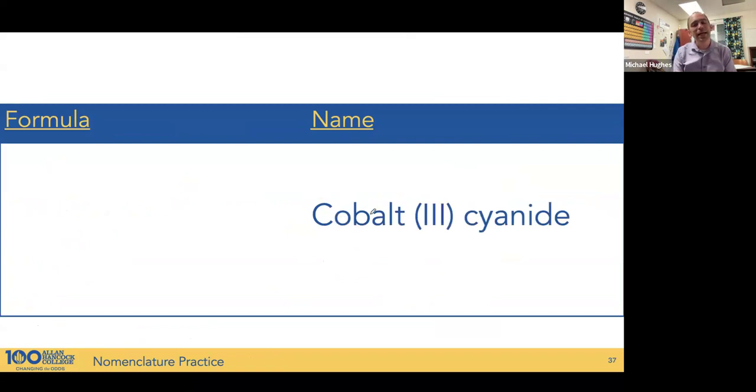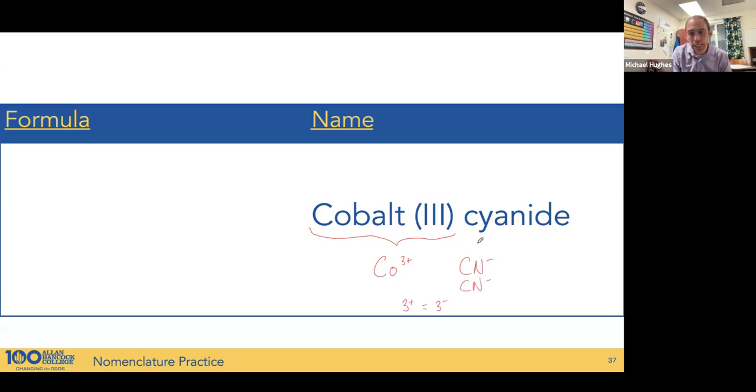Cobalt 3 cyanide. So cobalt 3 here, what that tells us is that we have a metal in cobalt. We don't always know its charge, so we need to tell that the charge is 3 plus with the Roman numerals. And it's associated with cyanide, which is CN minus. We know that the 3 plus must be balanced out with a 3 minus.